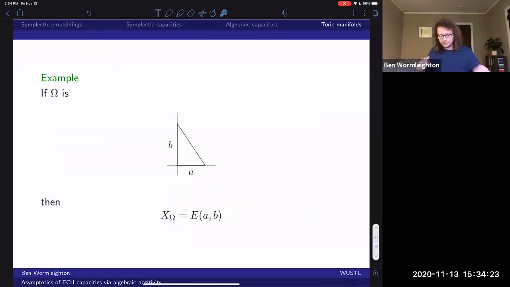So for example, you can take this picture to tell you what my scaling convention is on the form for C2. If omega is this triangle with horizontal length A, vertical length B, then x omega is exactly the ellipsoid EAB.